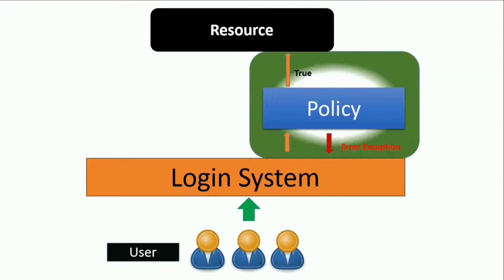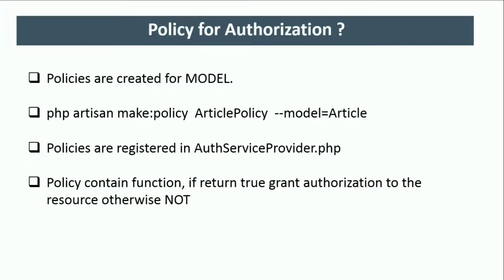So what do you have to do for policy authorization? Policies are basically created for models. Suppose you have a user model and an article model. You can create policies to authorize the model. You can create a policy by using php artisan make:policy, the policy name, and the model for which you want to create the policy.